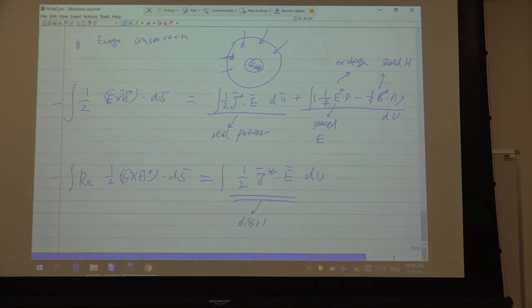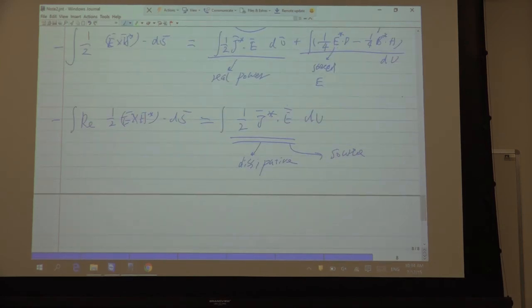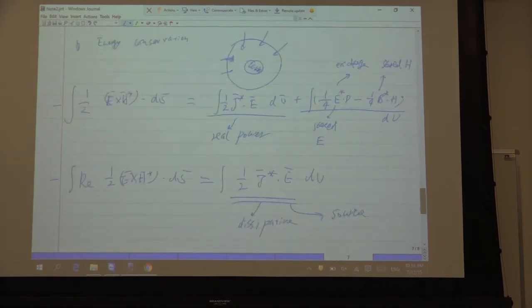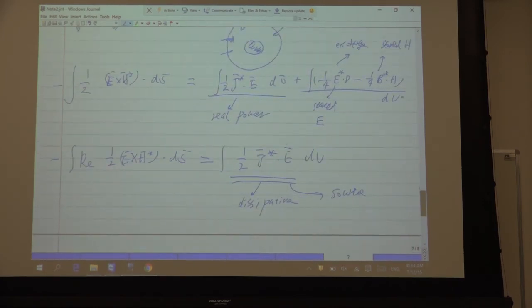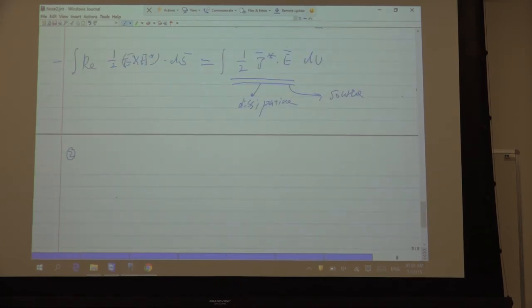We can also understand that here is the source, an energy source or energy dissipation. Remember in the last chapter, if there is an energy source we have this emitted power. We can see the dissipative power and also the source power. This is the energy conservation law, one important law you learn. Another is called the momentum conservation law.